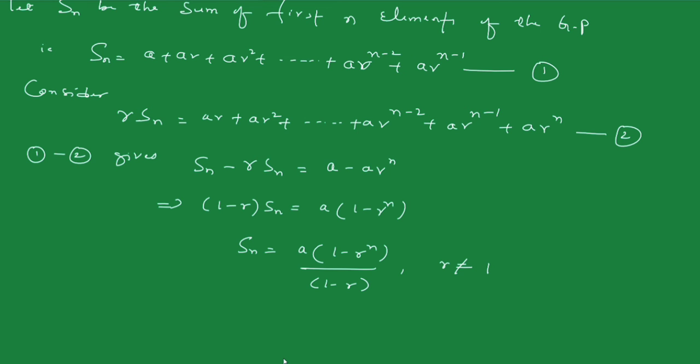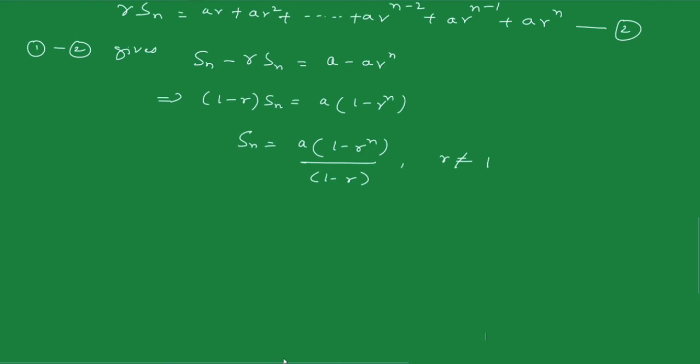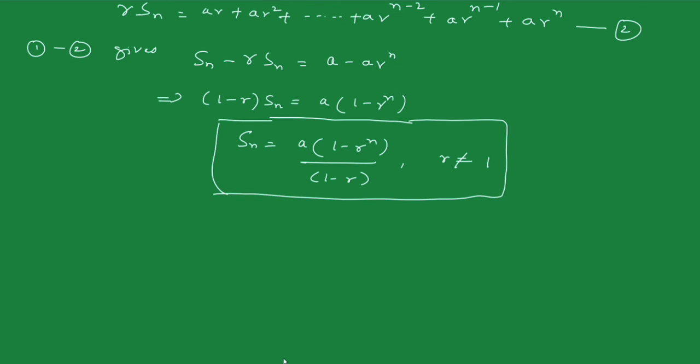If r equals 1, it becomes a zero denominator, so it doesn't have any value. We cannot define that kind of expression, right? So Sn equals a into 1 minus r to the power of n upon 1 minus r is nothing but our sum of first n elements. It is the sum of n elements of a GP formula, right?